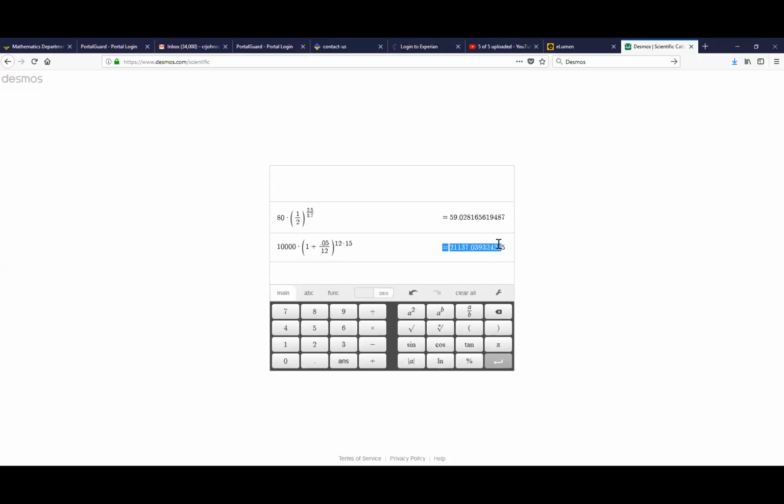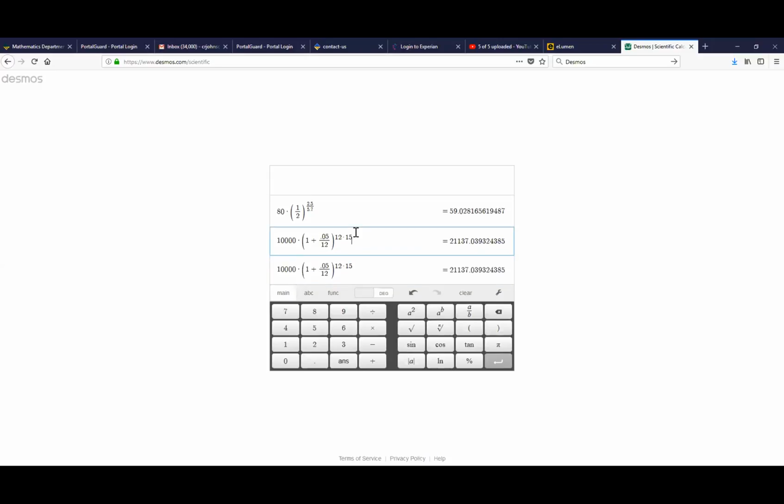Now we're looking at $21,137.04. So we've more than doubled our money after 15 years.